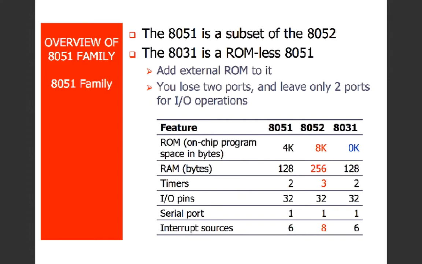There are 2 timers in 8051. There are 3 timers in 8052. And there are 2 timers in 8031. The number of I/O pins for 8051, 8052, and 8031 are all the same, 32.